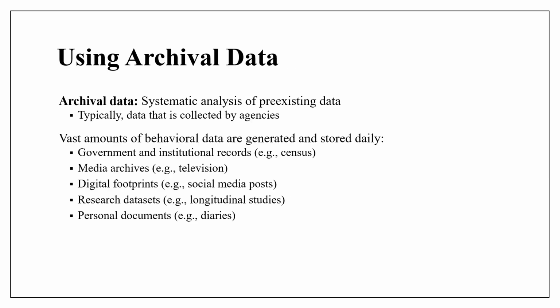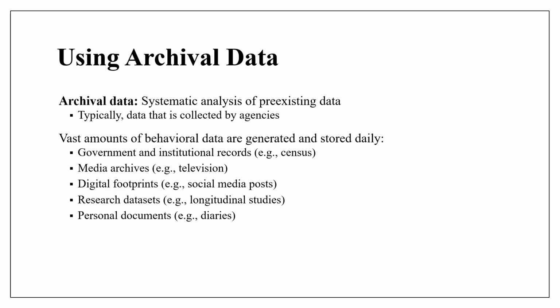Next, we have archival data, and these are a specific type of studies that involve the systematic analysis of pre-existing data. And again, I want to emphasize the word systematic. So it's not something that is just done randomly. There is a process behind how this is done that makes these observations more trustworthy.